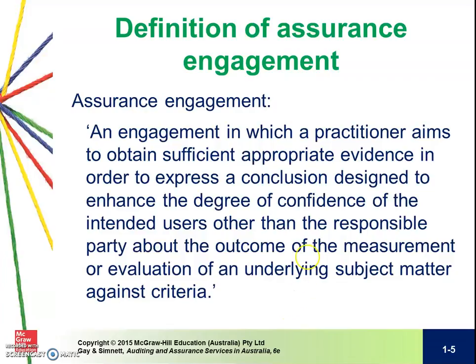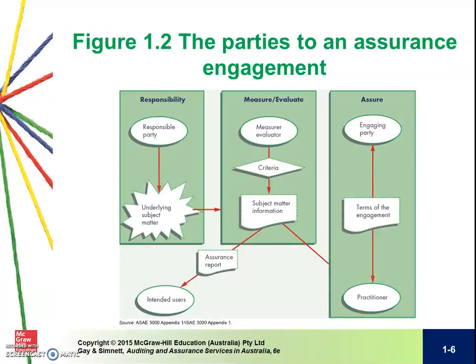Now, I guess you have stopped and started the video again, because now you can tell me that the keywords in this assurance engagement definition are practitioner, sufficient, appropriate, evidence, conclusions, confidence, intended users, underlying subject matter, criteria. I'm going to explain each of them in the next few slides.